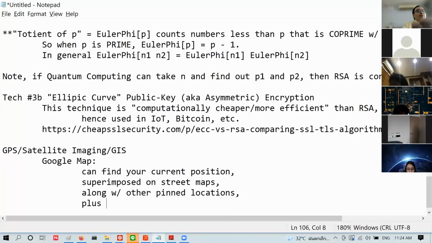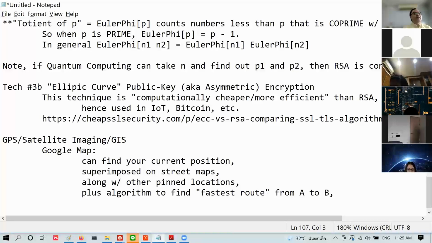Plus an algorithm to find the shortest or fastest route from A to B. And not only that, the fastest route here is not in terms of distance, but in terms of traffic, taking into account current traffic.